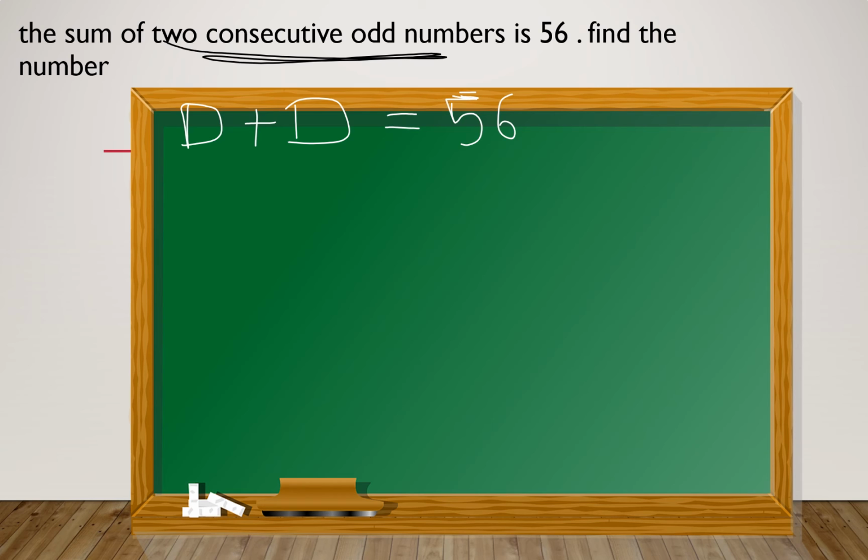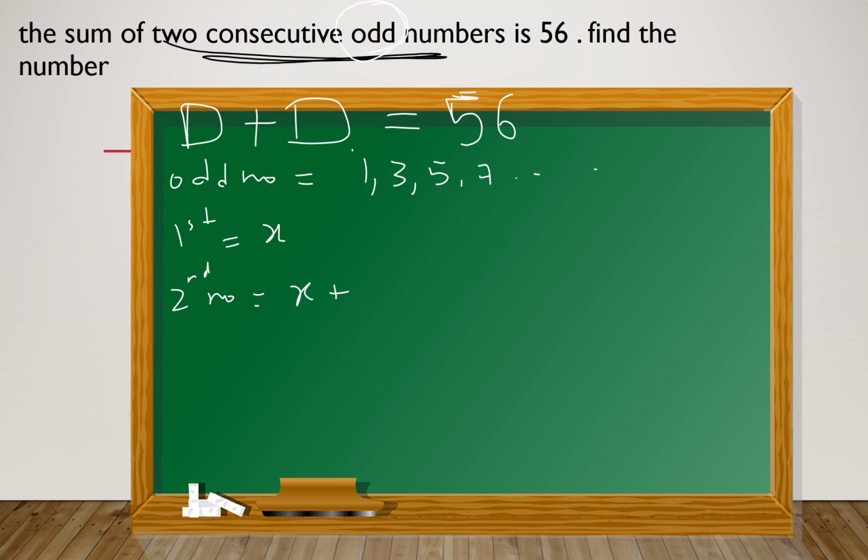Now, consecutive numbers. The mention given here is consecutive odd numbers. So we know odd numbers: 1, 3, 5, 7, and so on. Consecutive means continuous numbers. Here they mention odd consecutive numbers, so we have to make it a variable. The first number we consider as x, and the second number as x plus 2.